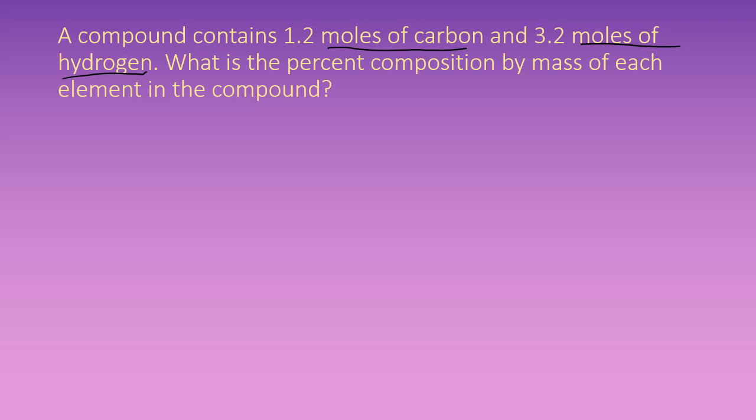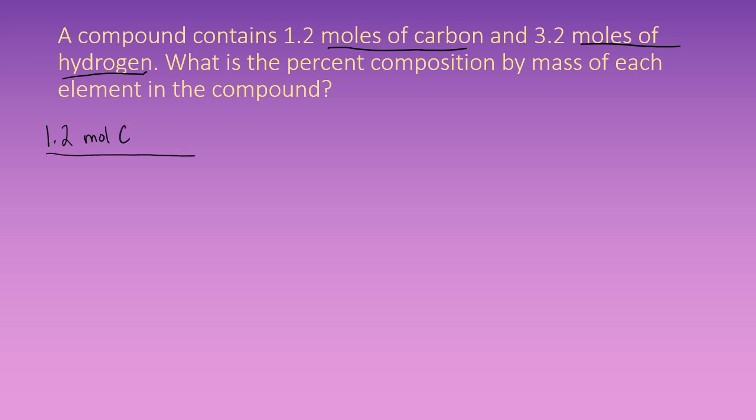So before we do the percent mass determination, we have to figure out what mass of each element we have. And so we may remember that we can do that by multiplying by the atomic mass of each of these elements. And so to determine how many grams 1.2 moles of carbon is, I will write out 1.2 moles of carbon.